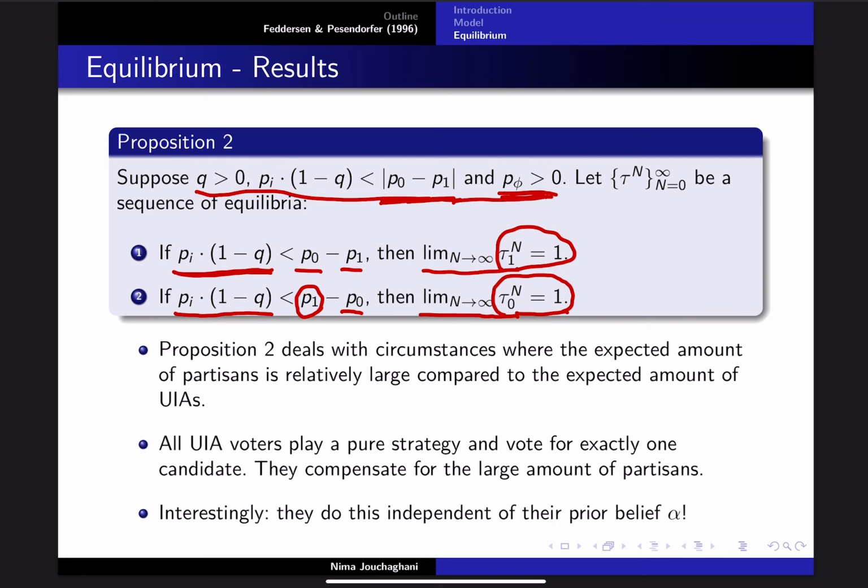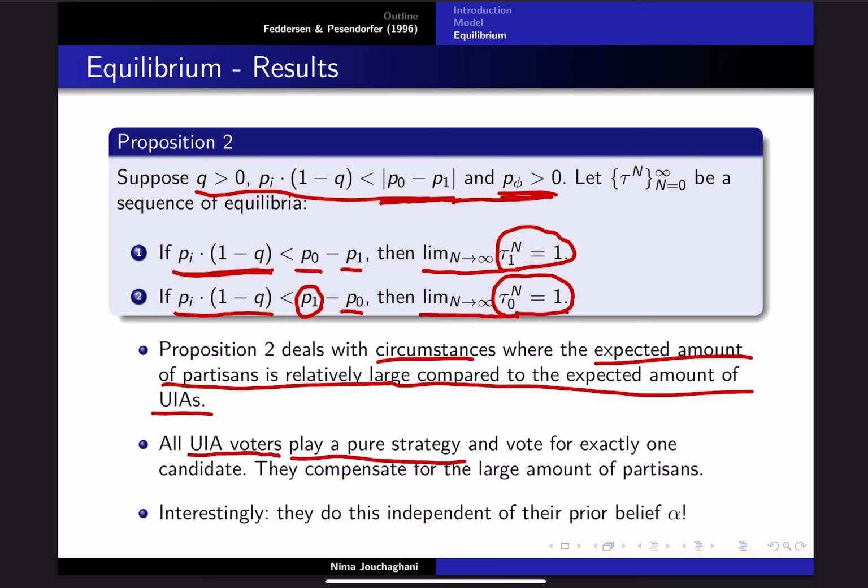So proposition 2 is saying that if we are dealing with circumstances where the expected amount of partisans, so any of the partisans, is relatively large compared to the expected amount of uninformed independent agents, those agents will actually play a pure strategy and vote exactly for one candidate.